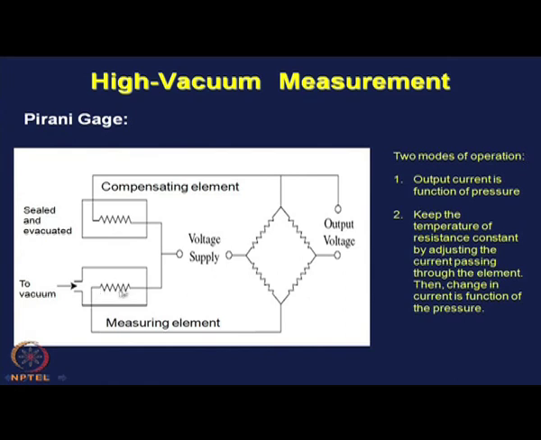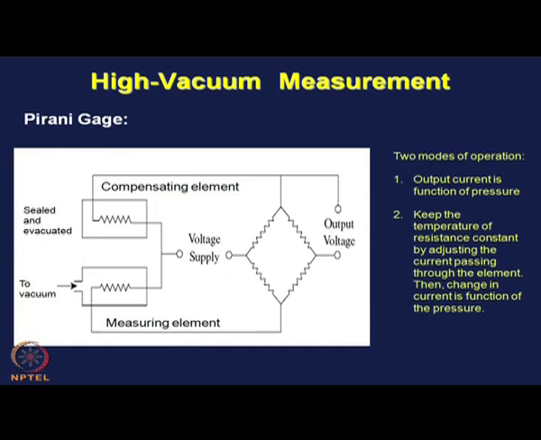If the resistance changes, there will be an unbalance in the circuit. So, the bridge unbalanced current will be a measure of pressure.